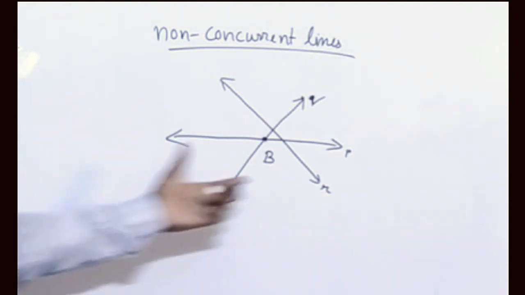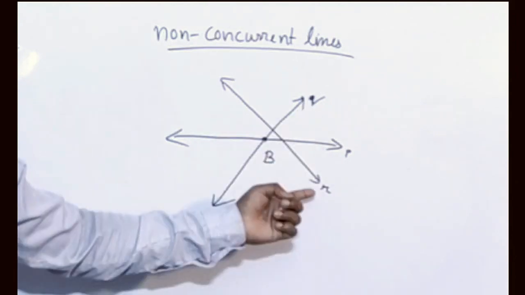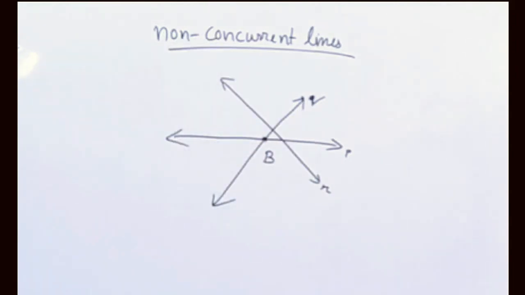So it means the lines P, Q, R are non-concurrent.